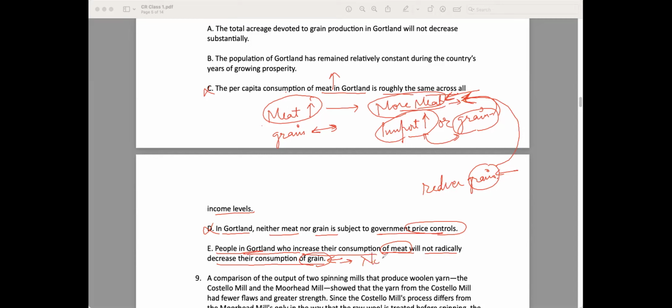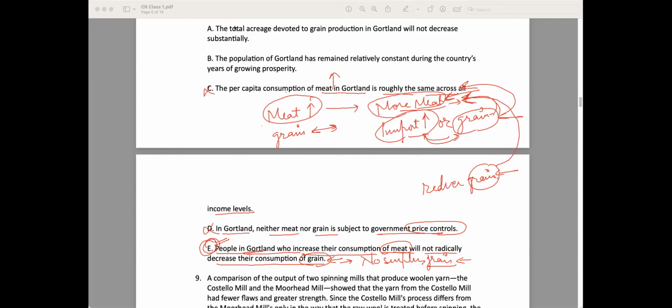There is no surplus grain. Whatever grain is used, no part of that grain would be used otherwise to make meat. That is the assumption required. Okay, that's why we're saying we'll have to import. Because if grain is free, more grain is available without importing, we can use that grain to make more meat. That's the whole argument. Understood, everyone? That's why E is the required assumption.